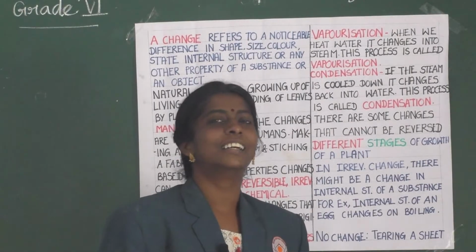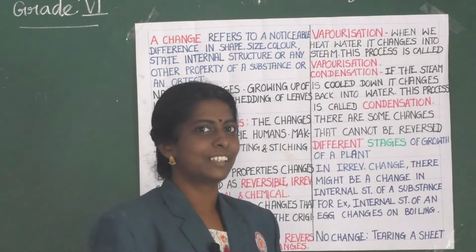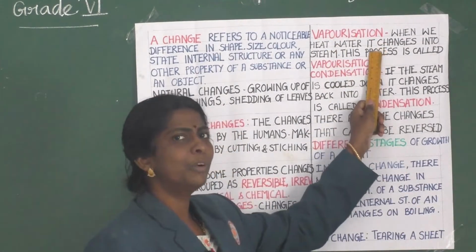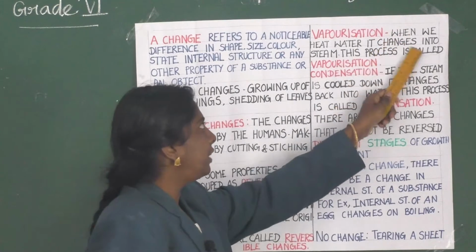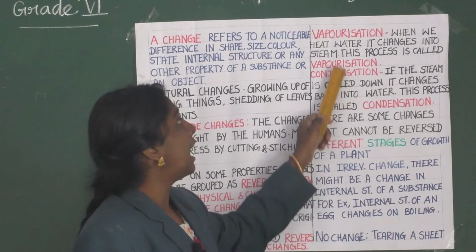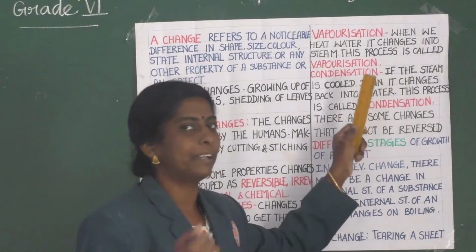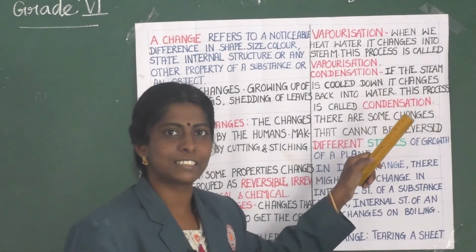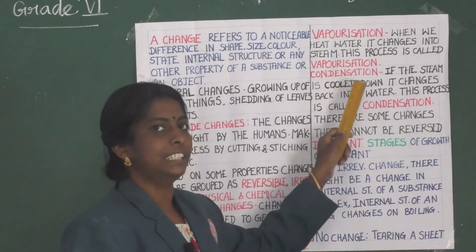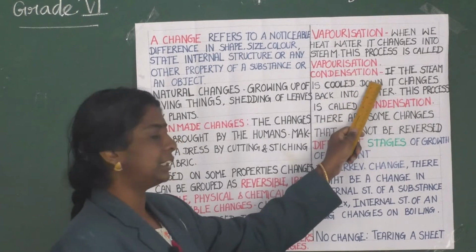Now, children, let us learn further. So, first about vaporization. What is this? When we heat water, it changes into steam, and this process is called vaporization. It is a simple process, isn't it? And then condensation. What do you mean by condensation?